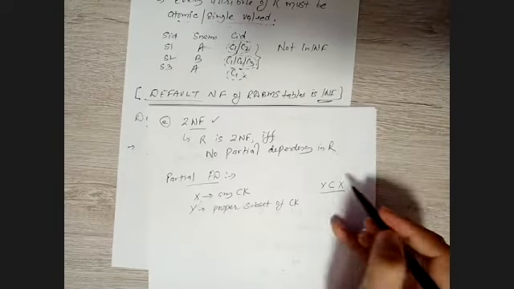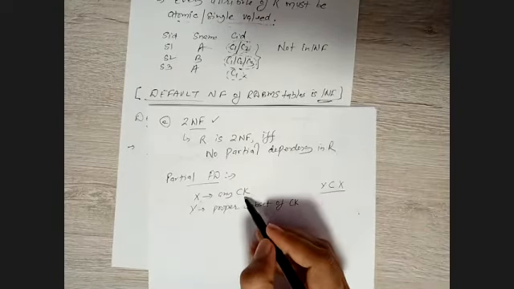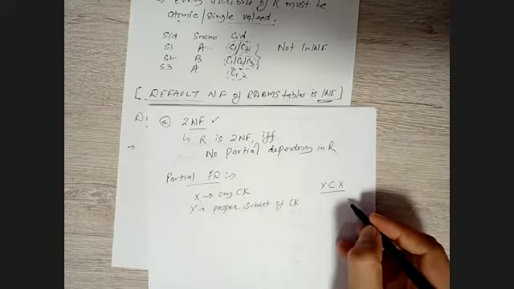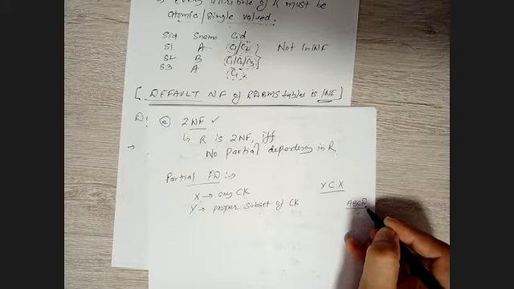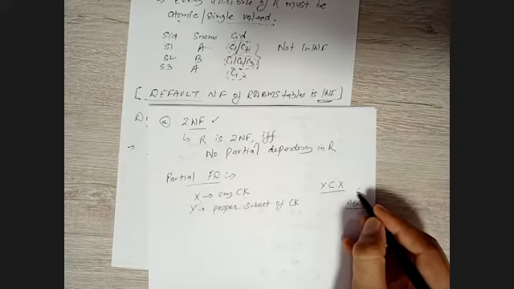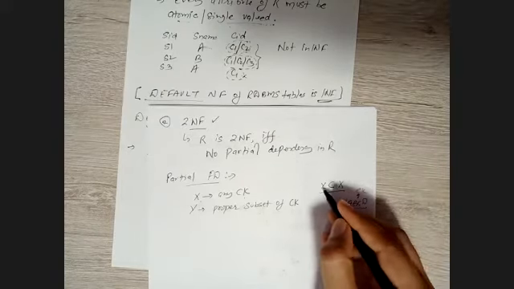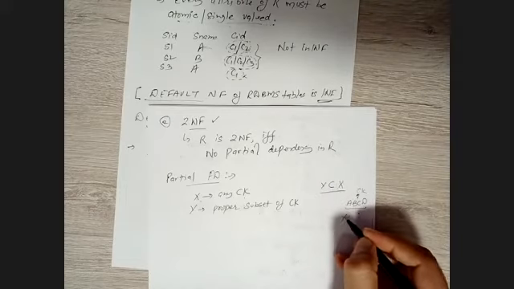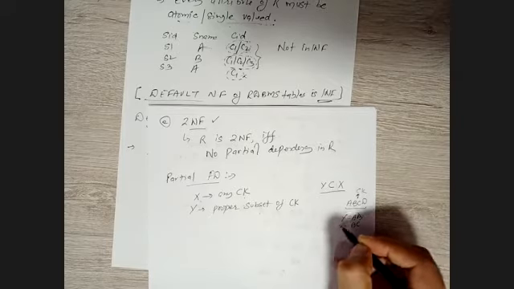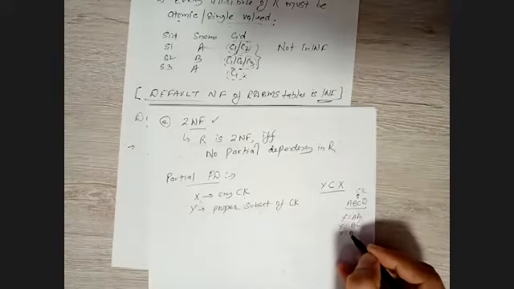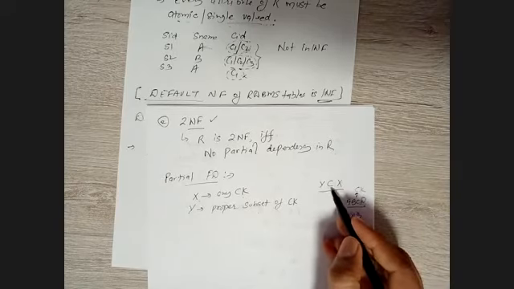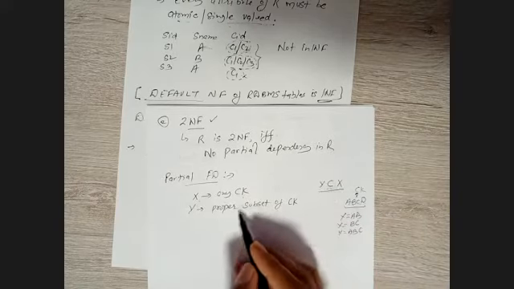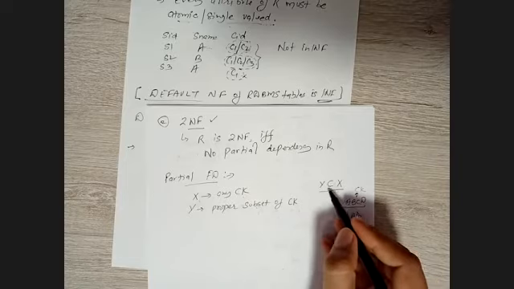It means, let's say X is my candidate key having 4 attributes, for example X is A, B, C, D, all together determined as a candidate key. And Y is a proper subset. For example, Y can be A, B, or B, C, or A, B, C. All these are proper subsets, but it cannot be equal to A, B, C, D. That is not a proper subset, because in a proper subset we do not have the equal to condition.